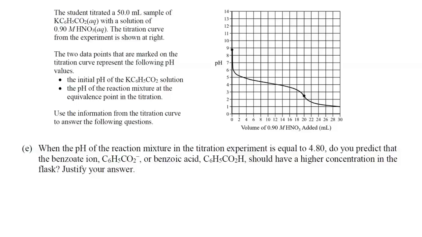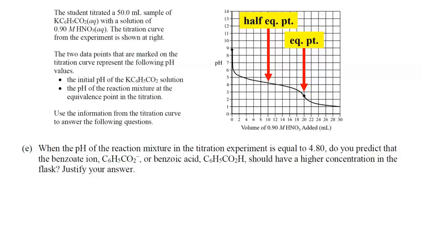So we know from the titration curve that the equivalence point in this titration was reached after 20 milliliters of the titrant was added. So half of 20 is 10. That means that the half equivalence point was reached after 10 milliliters of the titrant was added.